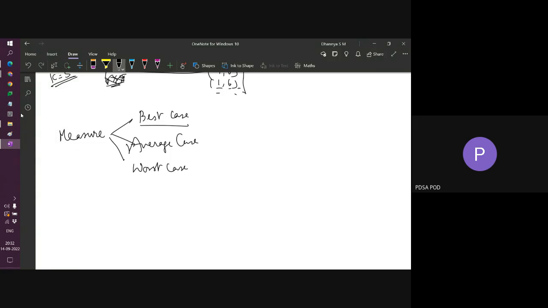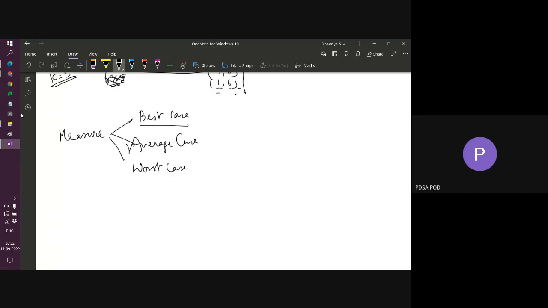So linear search has a specific performance. The binary search has a specific performance, right? The best case is when it takes the least amount of time. The algorithm takes the least amount of time from among all possible inputs for that algorithm. This particular input will give you an output in such a time that no other input will take time strictly less than this input. So this is one particular input or a subset of inputs, right?